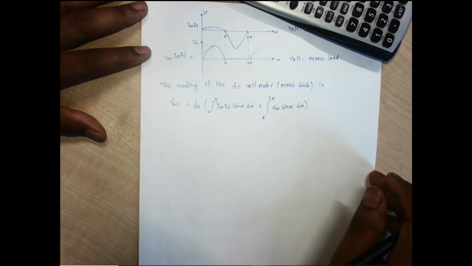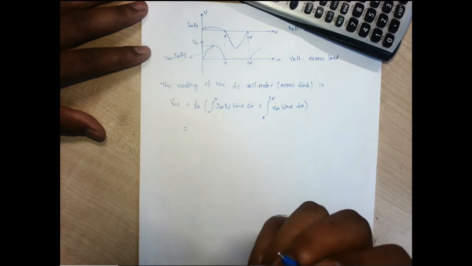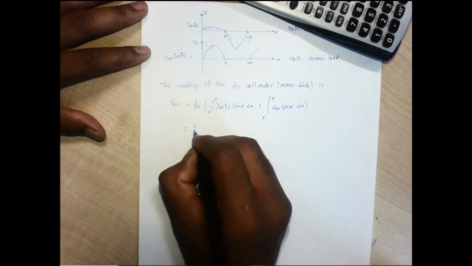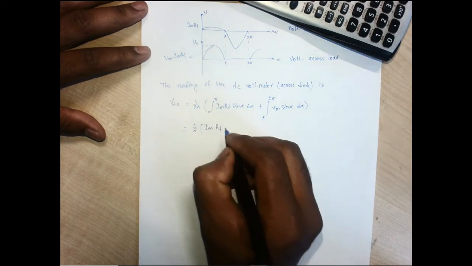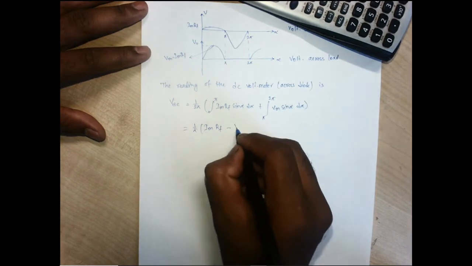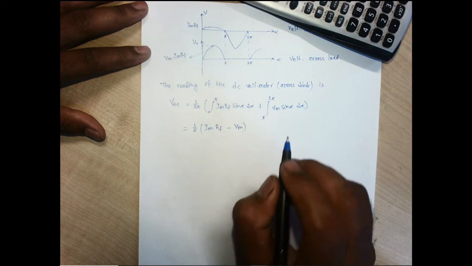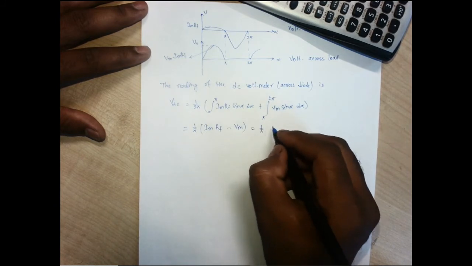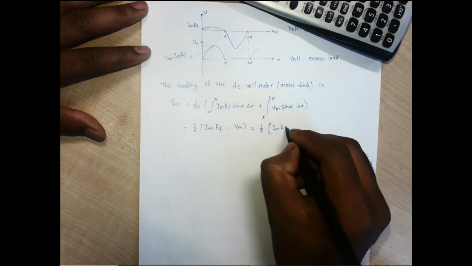So let us solve this integration. It comes out as 1 by pi Im Rf. I am just keeping some intermediate steps; you can go through them for verification if you have any doubt. Then it is 1 by pi, second step, third step, it is Im Rf.